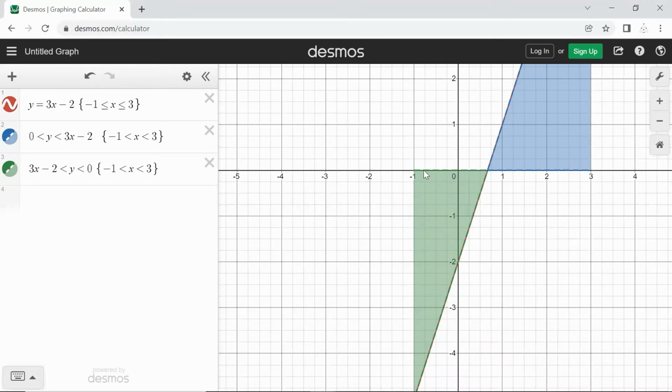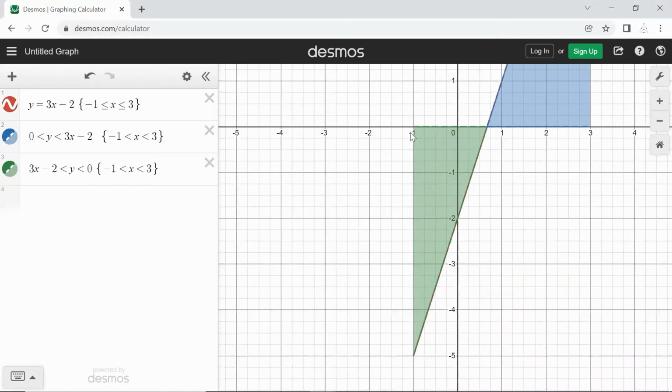Therefore, the base of this triangle is essentially length 1 2/3. Excuse me. The height of this triangle goes from the x-axis, which is at 0, down to -5.